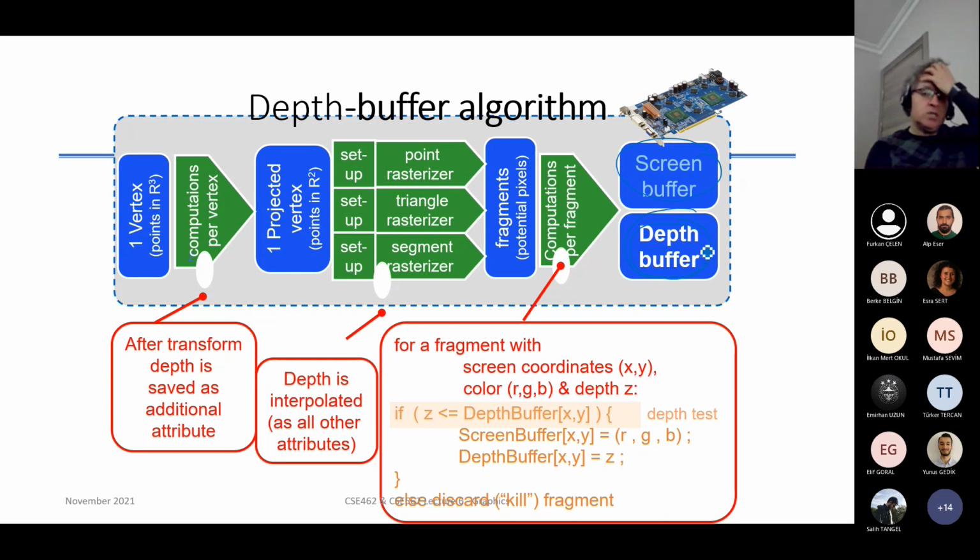Now, you can use this for object selection as well. If this is your image, this image is your screen buffer, so pixel buffer. And let's say there is this pixel here, and you know the depth of this pixel, so the depth information is available.